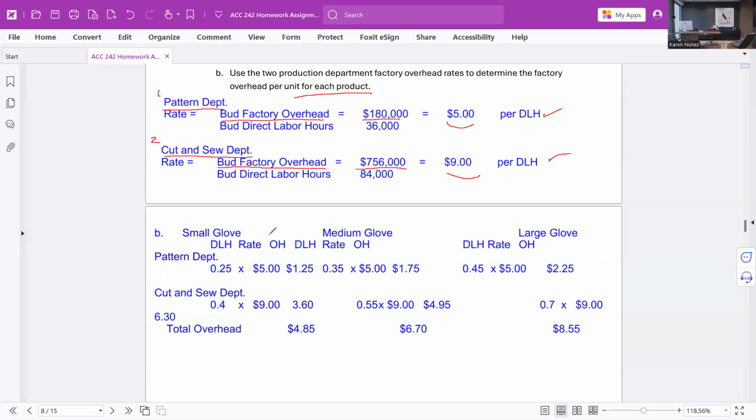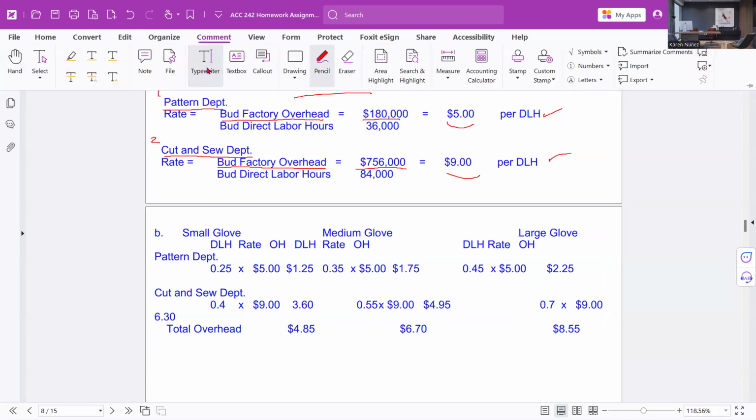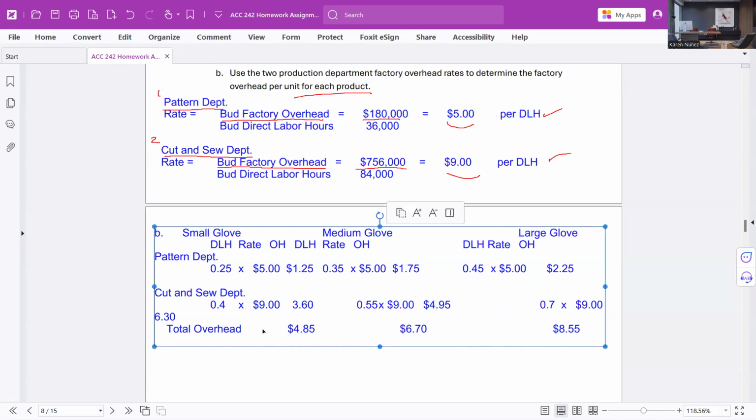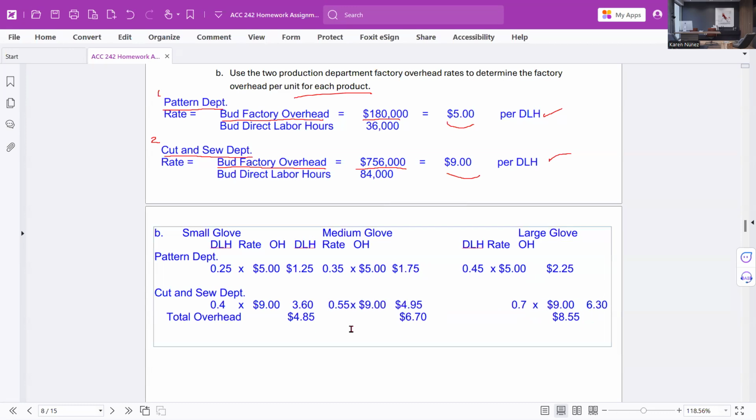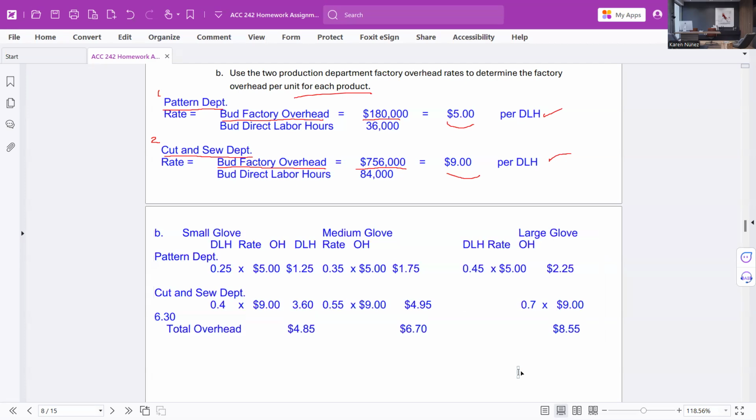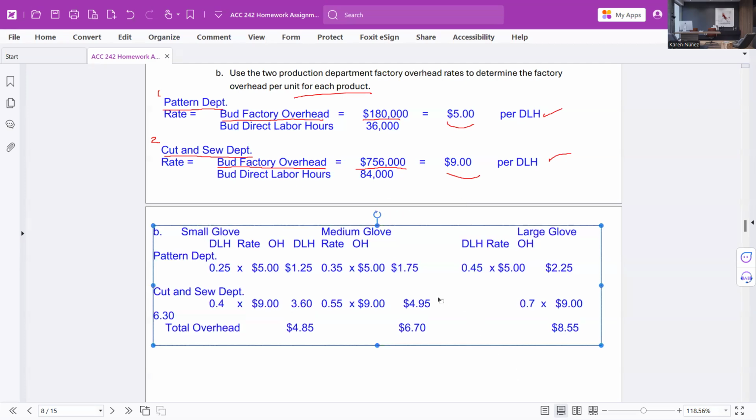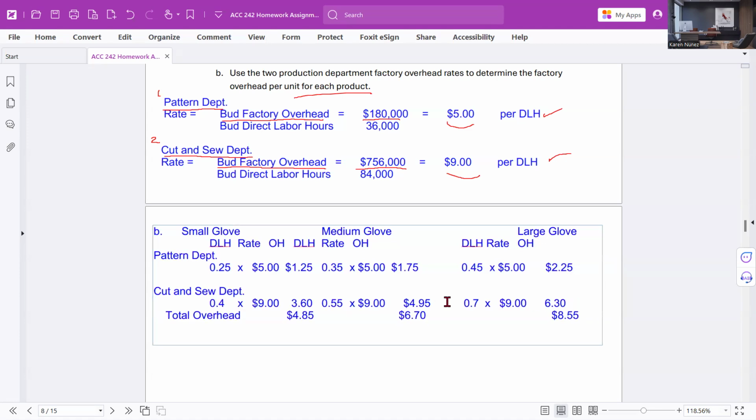So we have here, again, three products. Okay.